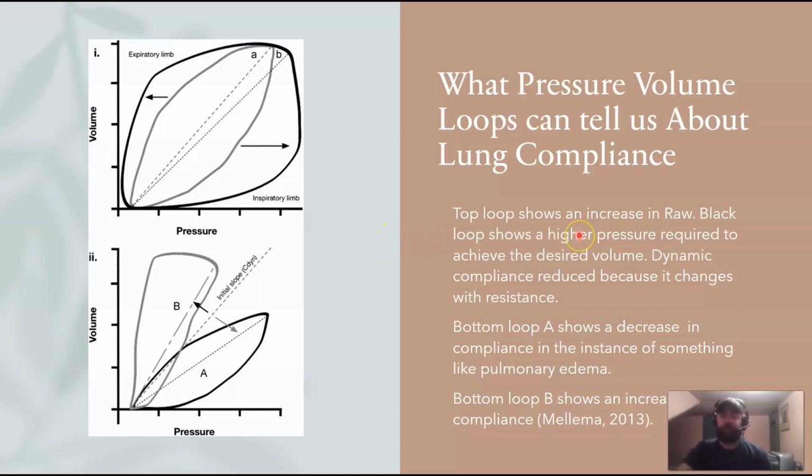So in the instance of increased airway resistance, as you can see with this top graphic, your gray line here is like that normal pressure volume loop. Okay, so in increased airway resistance, you're going to see that the required pressure to deliver that tidal volume is significantly increased.